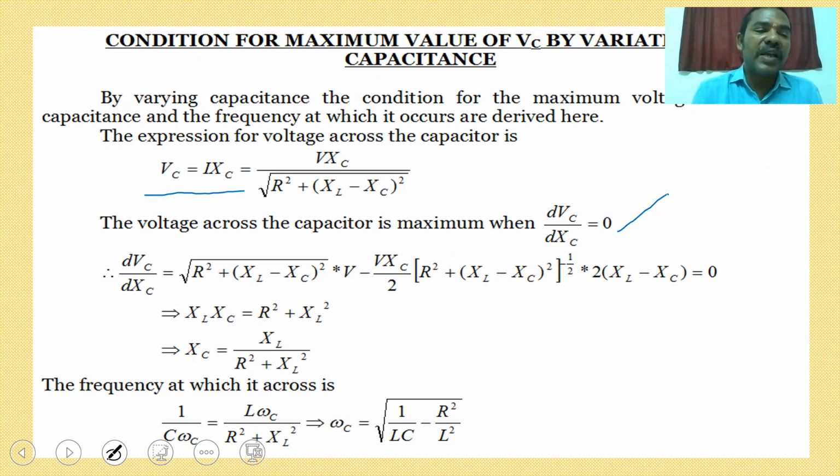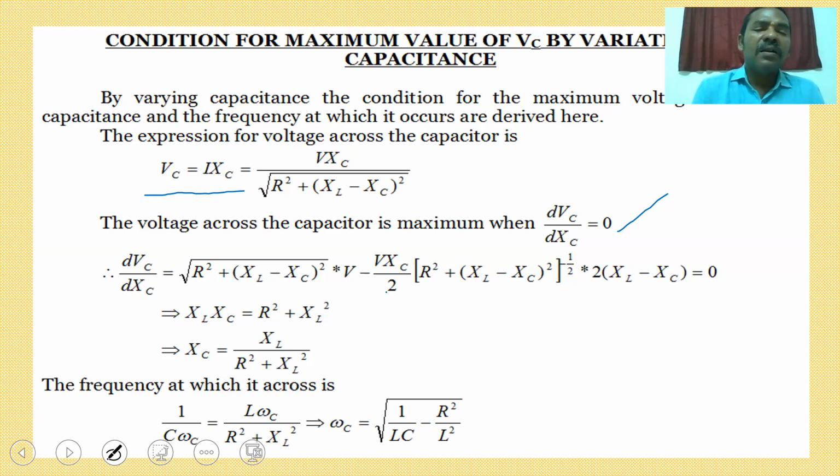So dou VC by dou XC is equal to, using the U by V formula, root of R square plus (XL minus XC) whole square into V, minus V into XC by 2. Under the radical we write root of R square plus (XL minus XC) whole square to the power of minus 1 by 2, into 2 times (XL minus XC), equal to 0.